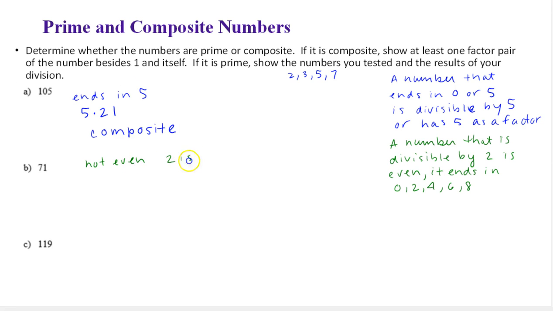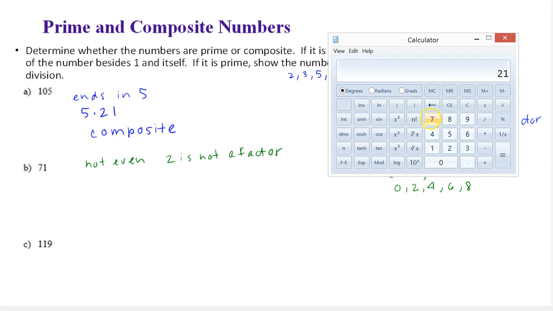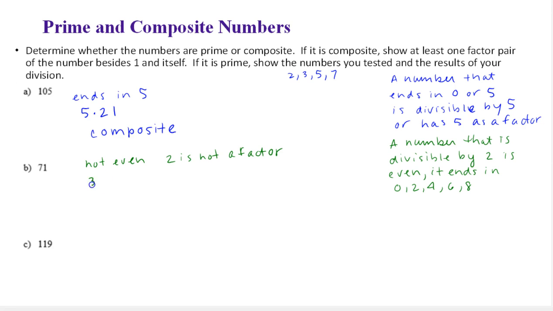So 2 is not a factor. Okay. For 3, again, there's a trick for 3 that you could look up, if you're interested, but I'm going to just divide by 3. There's a remainder, so 3 is not a factor of 71. Okay.